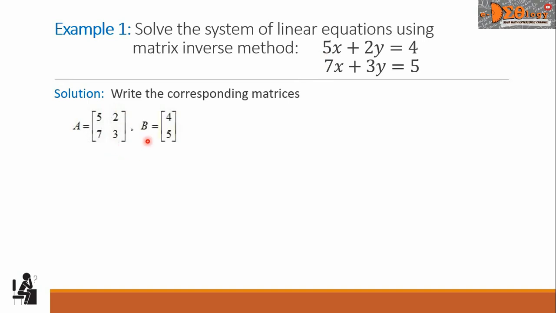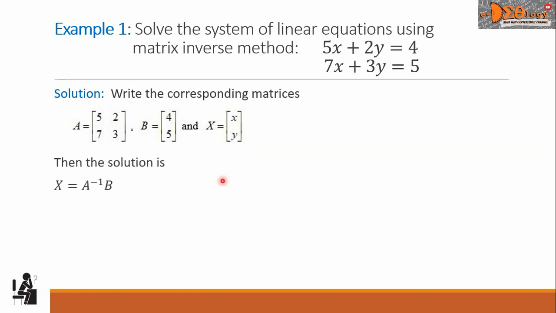Next matrix is B. This corresponds to the constants on the right side of the respective equations. So we have 4, 5. Another matrix is X, and this is a 2 by 1 matrix that corresponds to the variables x and y.